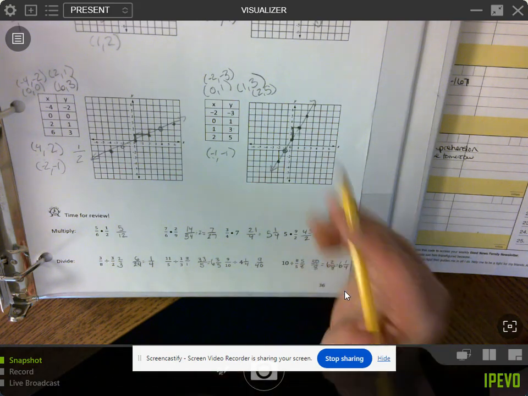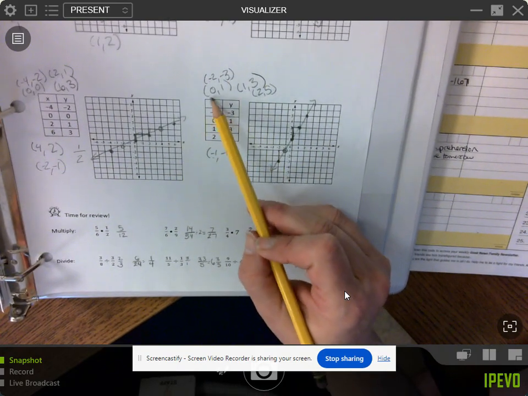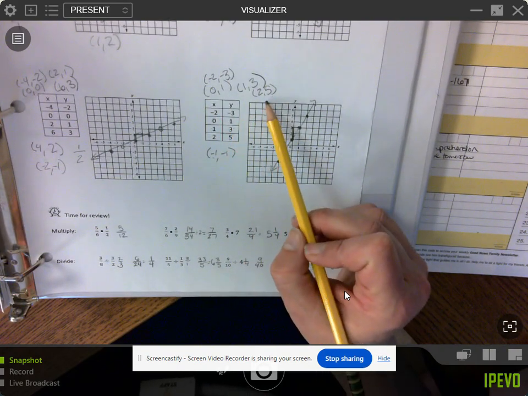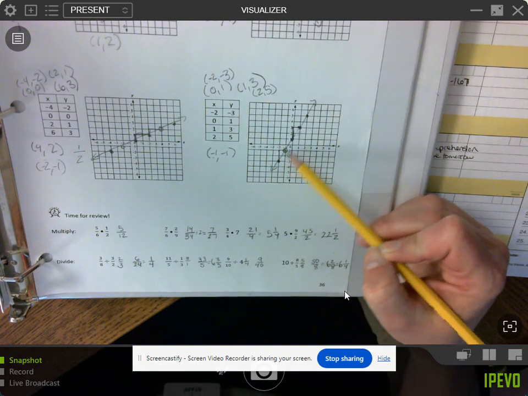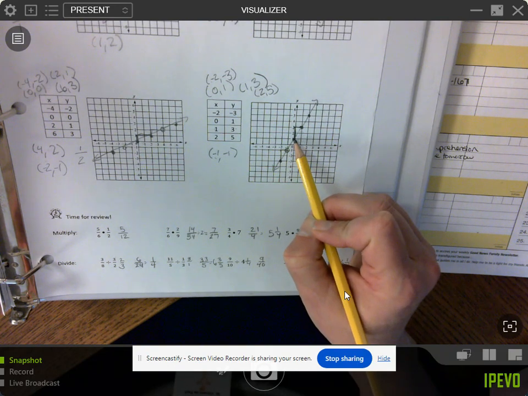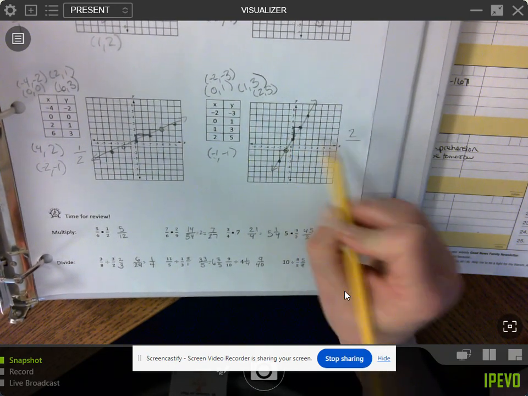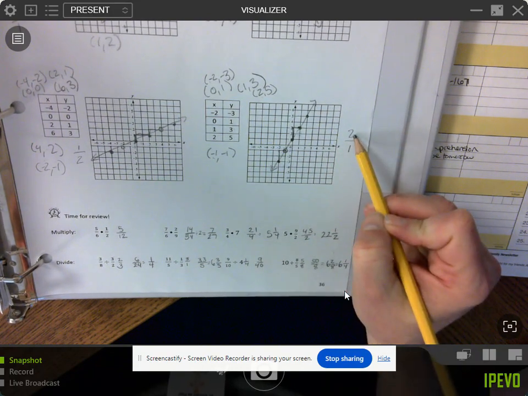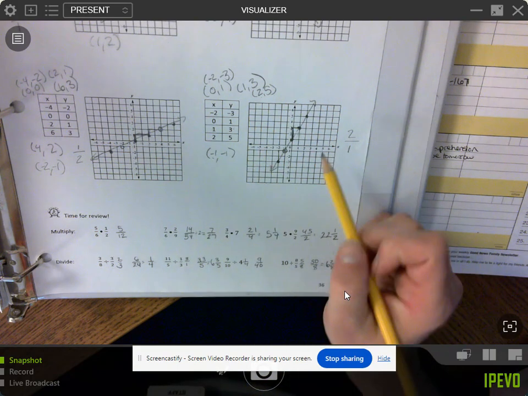Okay. Next one, our ordered pairs would be negative 2, negative 3, 0, 1, 1, 3, and 2, 5. I graph my line and it looks like this. I need to find my slope, so I'm going to go up 2 over 1, because I always do my up or down, over how many I'm going over.